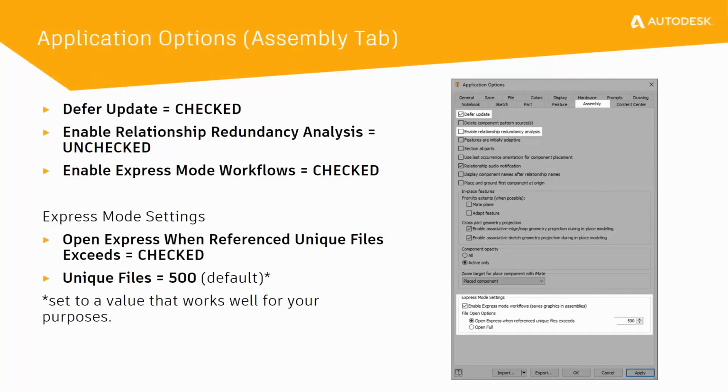One that I'll showcase, because we are going to look at it a little bit later, is the assembly tab here. We highlighted that you can turn on defer update, make sure that enable relationship redundancy analysis is turned off, and also turn on express mode settings, and we'll talk a little bit about this later on.